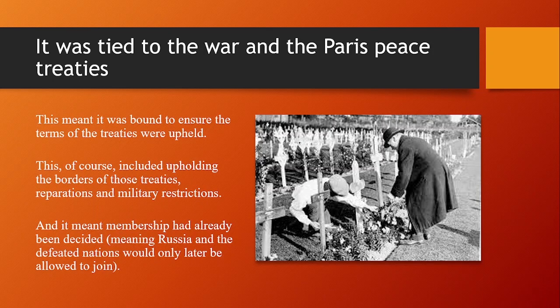Look at the early disputes the League was called on to resolve. Except for the Aaland Islands, they were all border disputes directly linked to the peace treaties. It also meant upholding the reparations arrangements, hence the occupation of the Ruhr, and the military restrictions, hence the much-delayed disarmament conference.